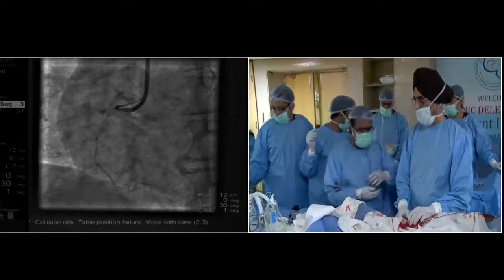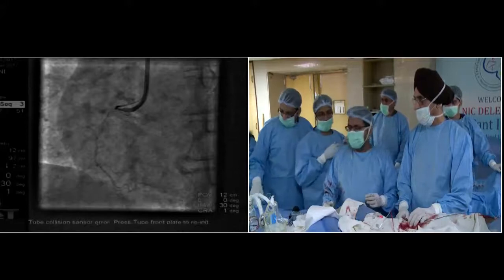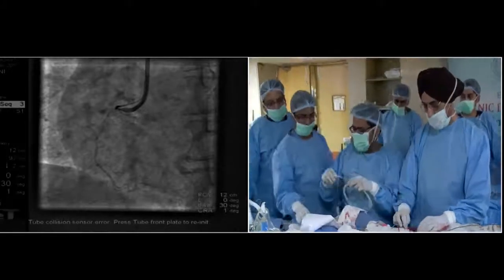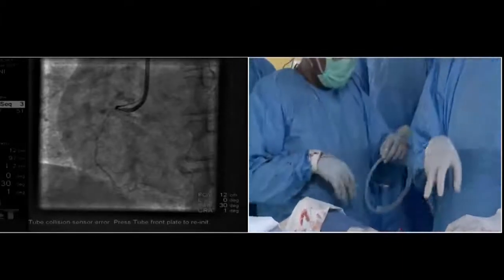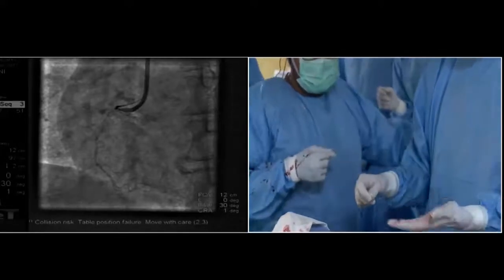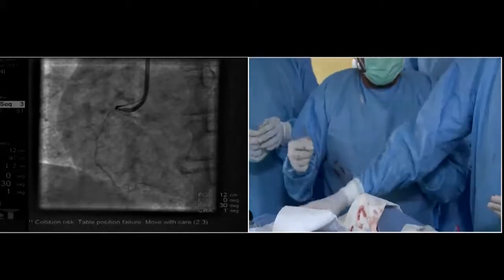So any differences in opinion about the strategy or the panel, any different thoughts? Well, I think this patient with LV dysfunction and severe multivessel coronary artery disease, the question of revascularization should be addressed more diligently with the patient regarding surgical revascularization.